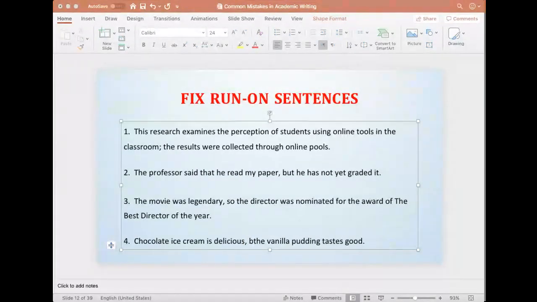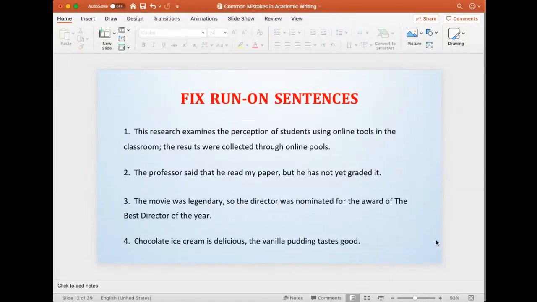Anything else? Semicolon also. Yeah. So this could work. Or I would just put a semicolon, but because would work much more properly. So let's see the answers on the next slide.